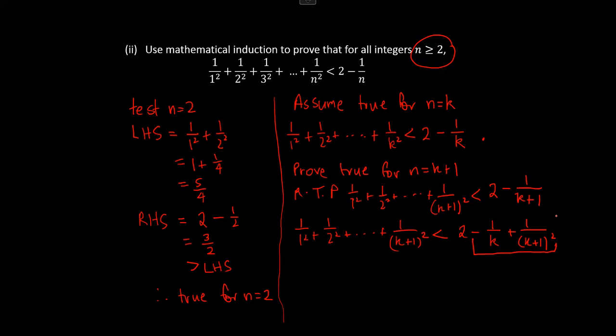So actually I should have written here, this is using our assumption that we got this line. So I'll add that. And so our next line is to realize that that looks like the expression we had in the previous part of the question. So this is now less than 2 minus 1 over (k plus 1).